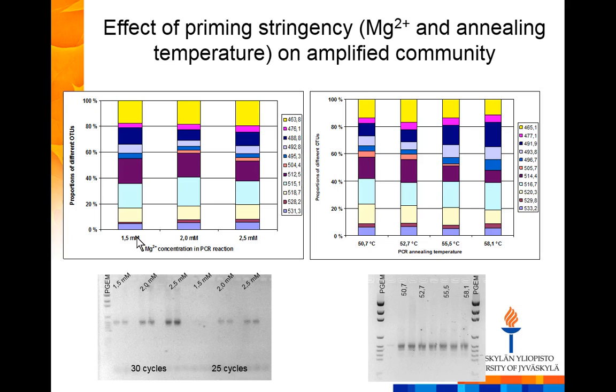But I have been surprised by how small a problem that is if you have a good amount of template DNA. By the way, you will get all these slides, so no need to write everything down. We will put them online later on.